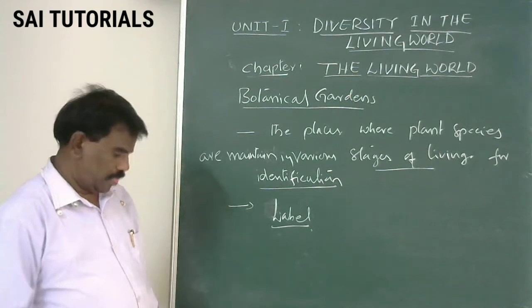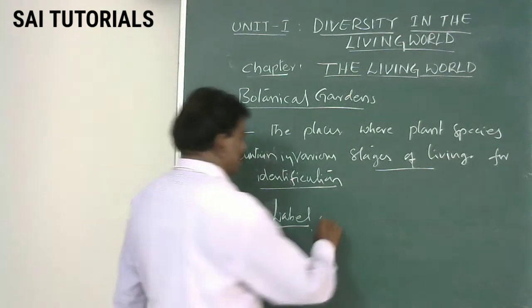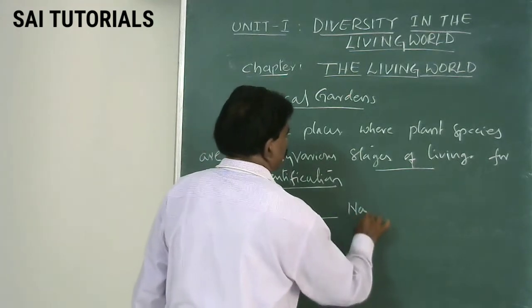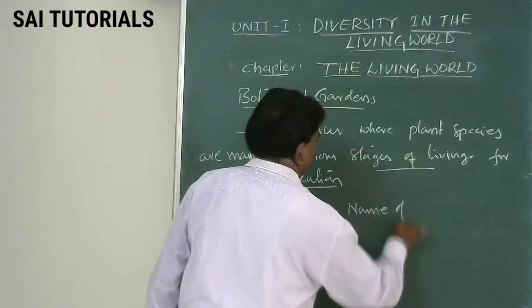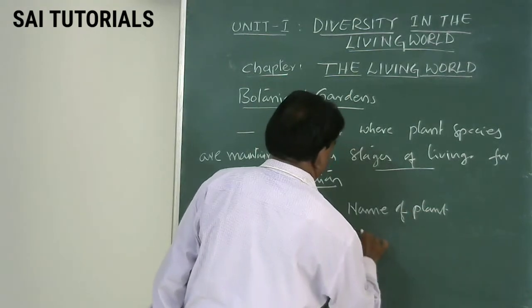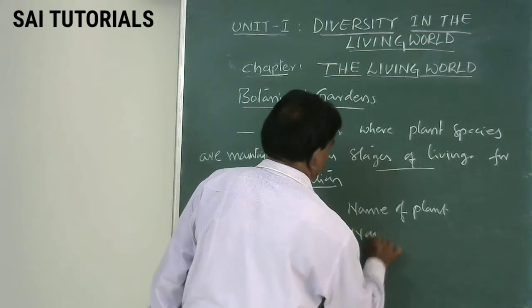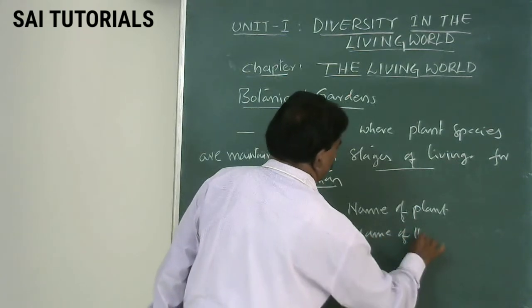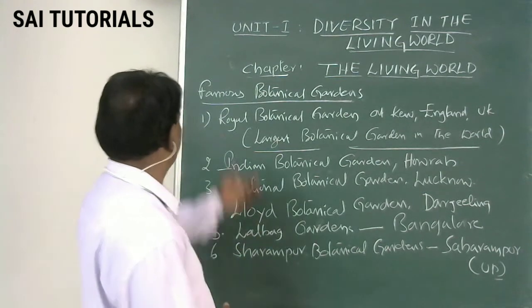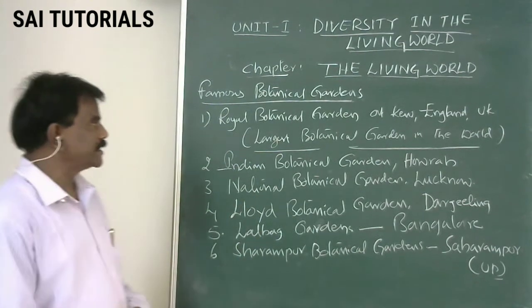This label contains information of the name of the plant and the name of the family. So let us see some important famous botanical gardens.